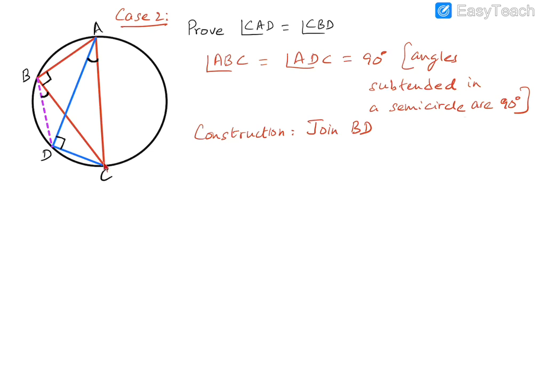That's our angle CBD. And clearly we see that angle CAD is subtended by the chord CD at the point A. Similarly, the angle CBD is also an angle subtended by the same chord CD of the circle.